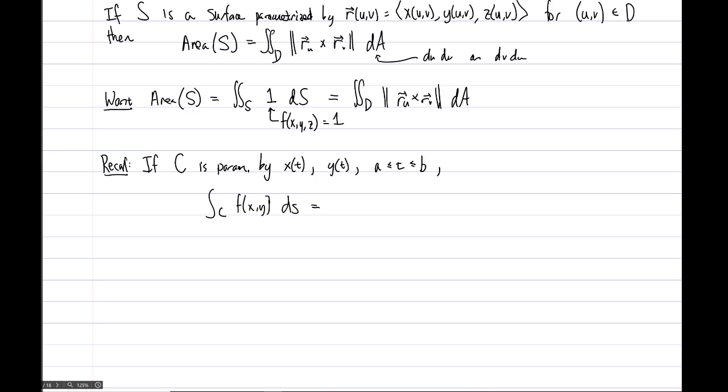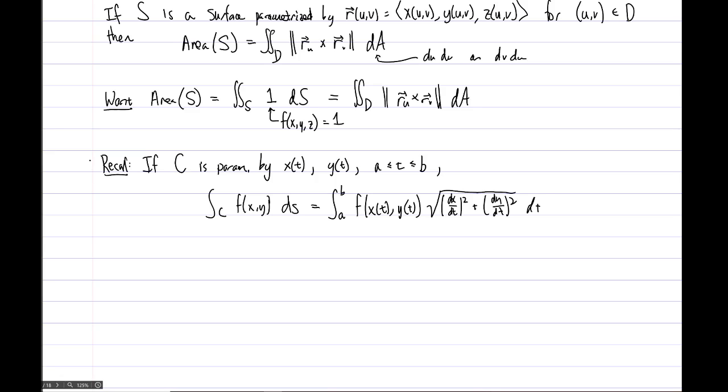To implement and actually compute, we had an integral with respect to t. So it's the integral t going from a to b of f of x of t comma y of t, and then the ds gets replaced with this radical dt. Inside the radical is dx over dt squared plus dy over dt squared.